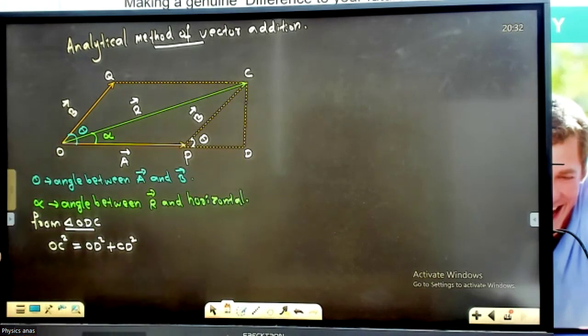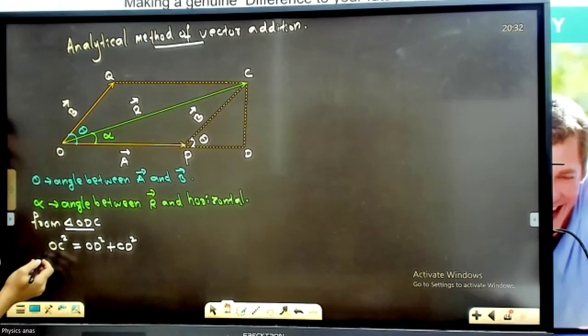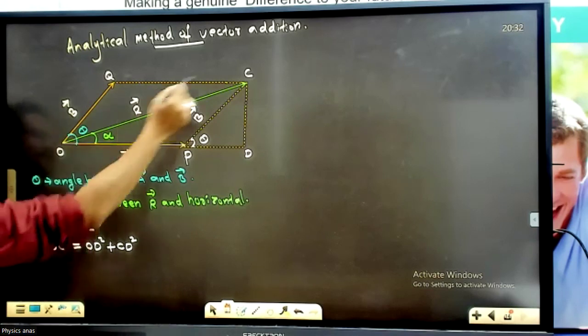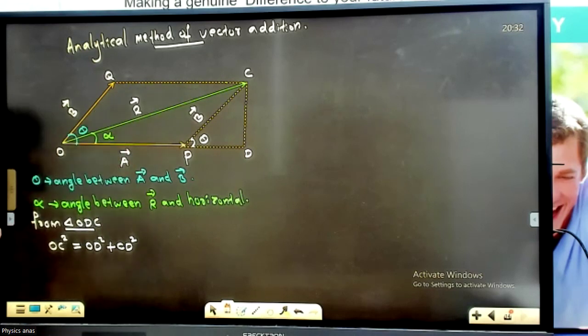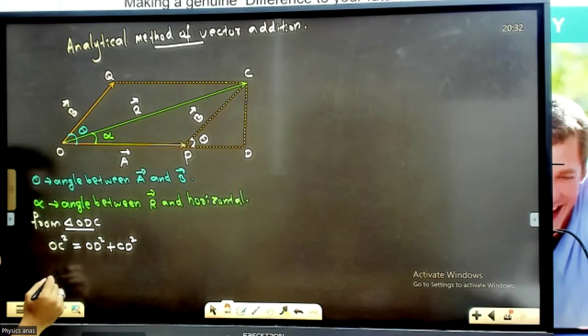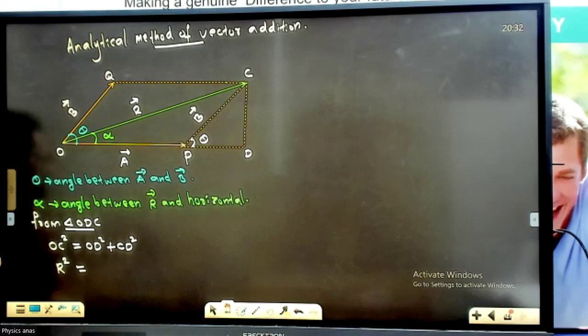Now, what is this OC square? OC square is the magnitude of the resultant, the length of this R. So OC square is actually R square.